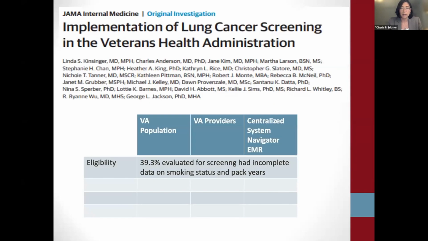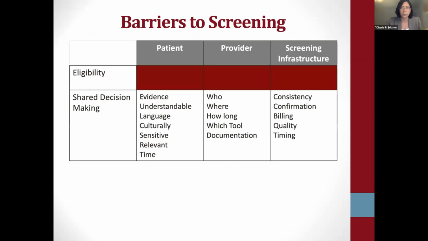And here, a study from the VA showed that 39.3% of people evaluated to get lung cancer screening actually had incomplete data on smoking and pack years. So a lot of work has to be done to just get correct eligibility criteria and to fulfill those.